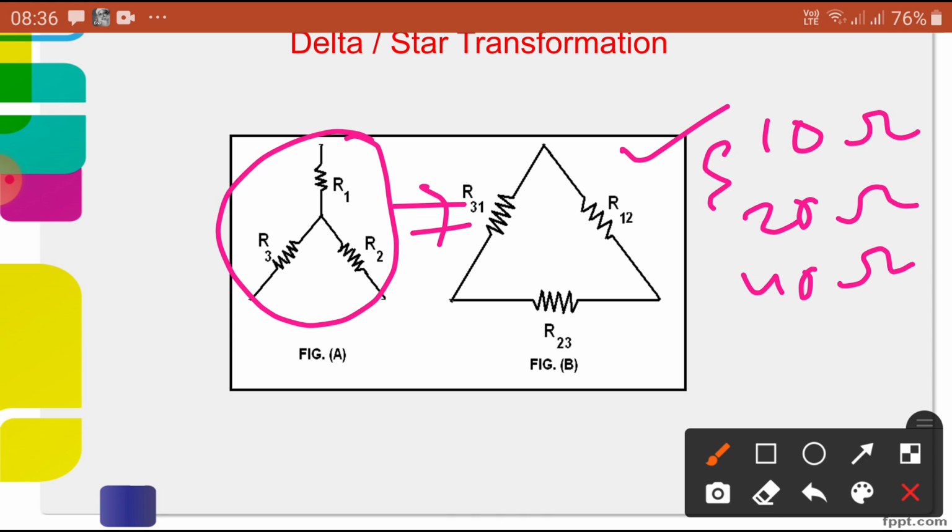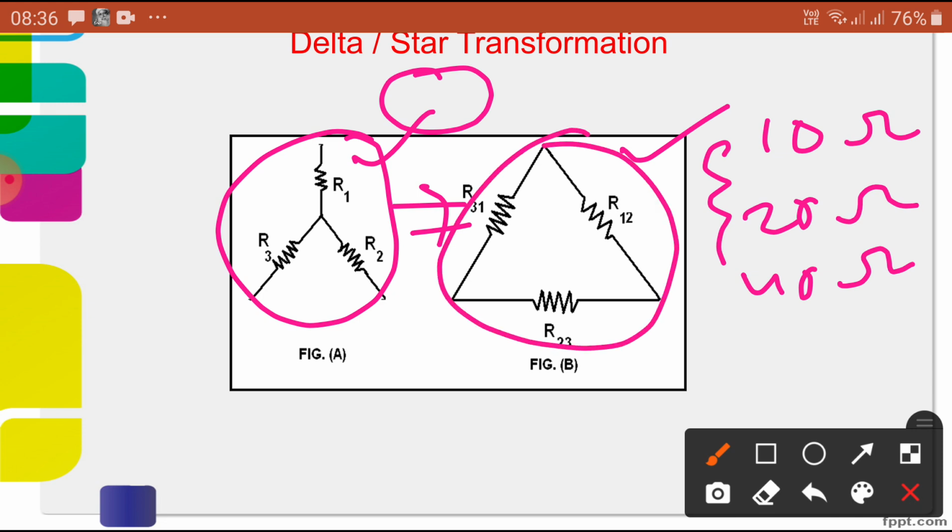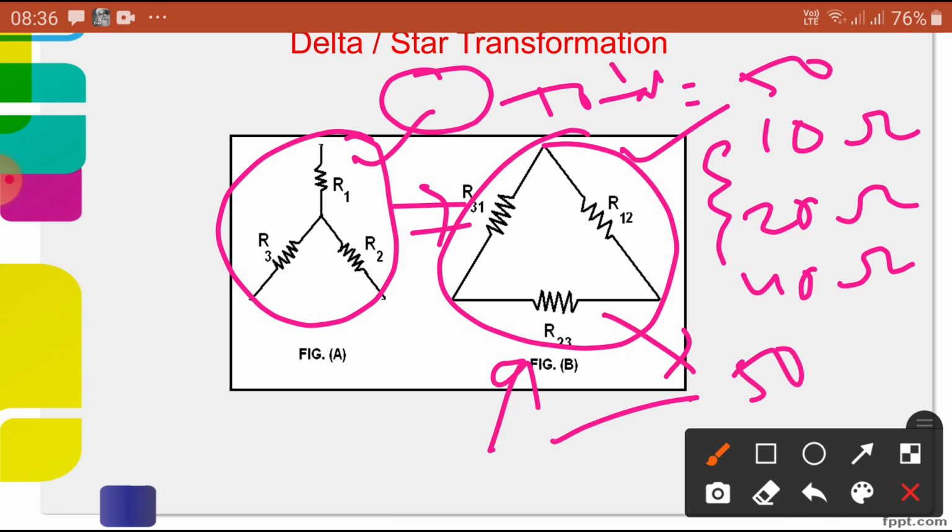Then what are the values connected in star, that equivalent circuit has values connected in delta. That means the performance, this total ohmic value is equal, for example, 50. The same 50 value we are going to get, but in a different fashion in delta connection. What is the purpose? The simplification of our complex networks.